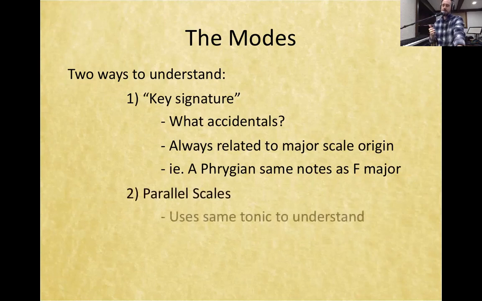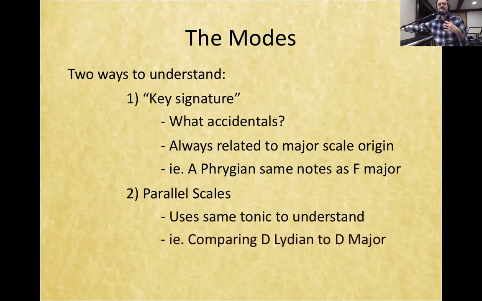The second method is to think about parallel scales. Instead of comparing A Phrygian to F major, like in the top example, in the parallel scales model we would be trying to use the same tonic note all the time. So in this example, we would compare D Lydian to D major. Both of these ways of conceptualizing things involve taking a familiar starting point and making an adjustment to it.